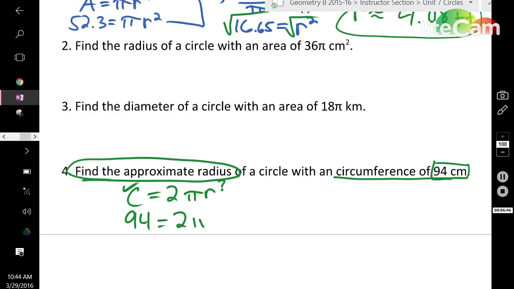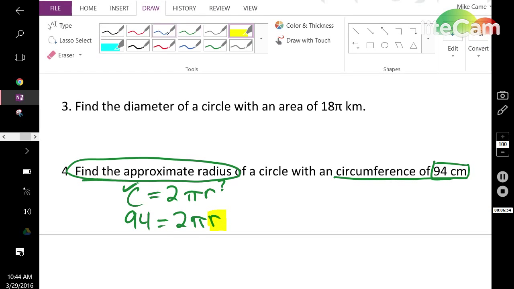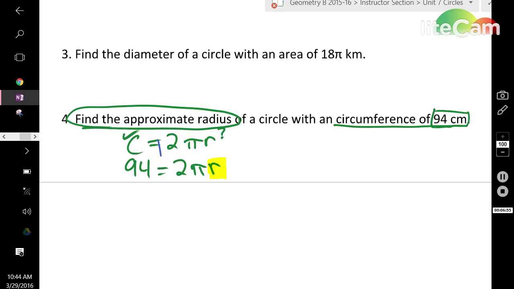So 94 equals 2 pi r. I'm going to highlight r so it's visible as to what we are solving for. We want to get rid of everything from that side of the equation, the right side. So currently we're multiplying r by 2 pi, so we can divide both sides by 2 pi. So the 2's cancel out, the pi's cancel out, and you're left with r.